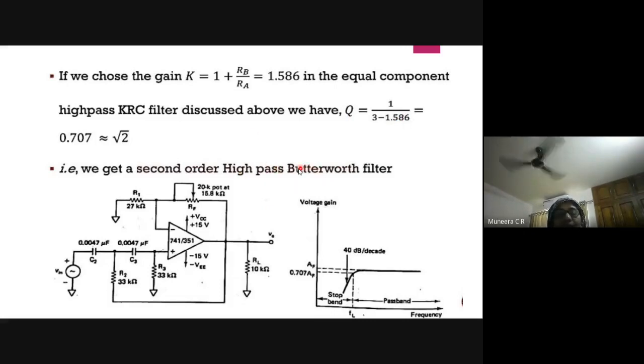Thus we can realize the second order Butterworth filter. Again its slope is 40 dB per decade, with the cutoff frequency at the corner frequency equal to minus 3 dB, the lower cutoff frequency. Okay, the gain of the amplifier is 1.586.